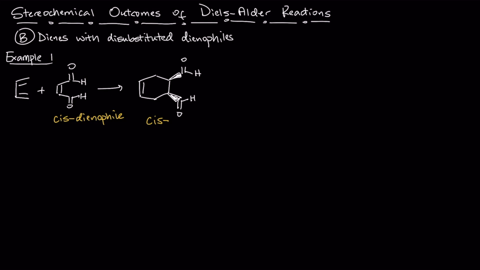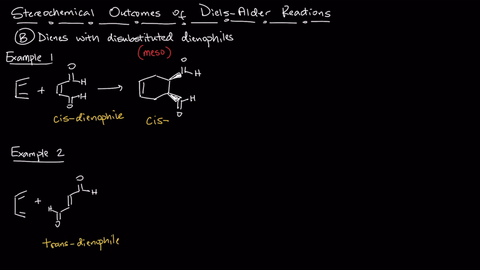So a cis dienophile forms a cis disubstituted cyclohexene. Please note here that because we formed a meso compound, we only see one possible product here. Here's example 2.